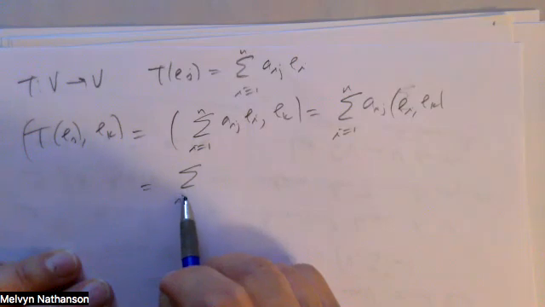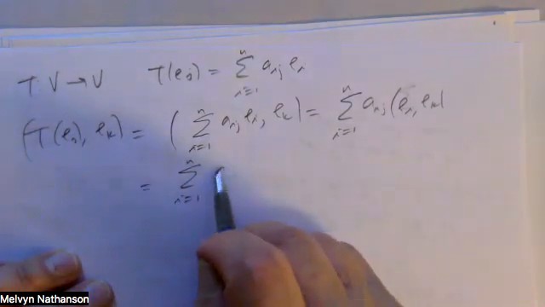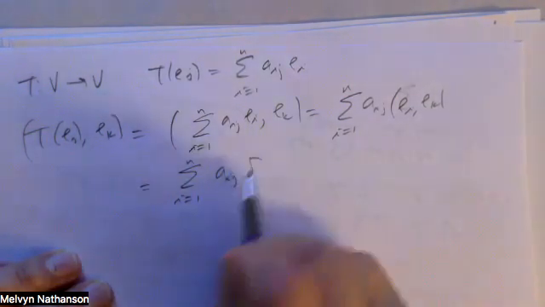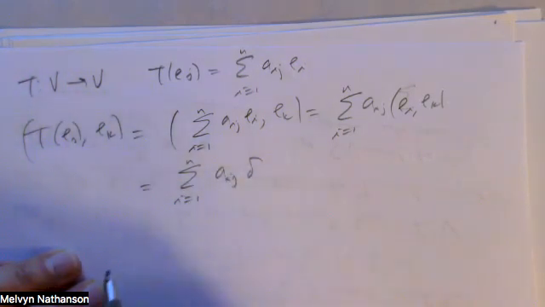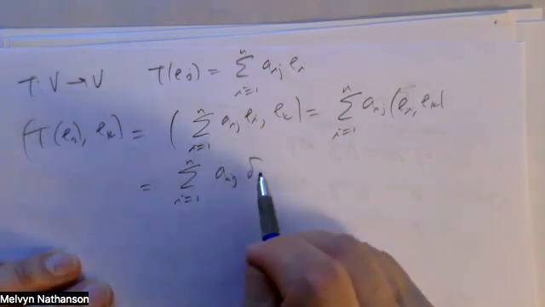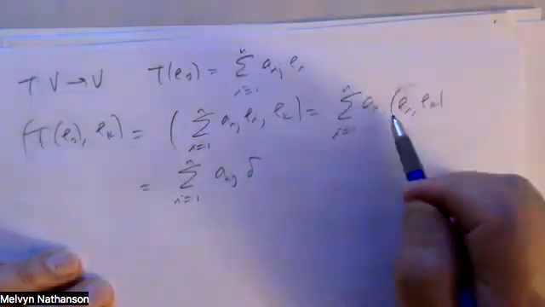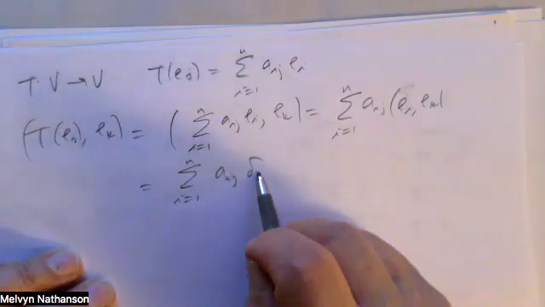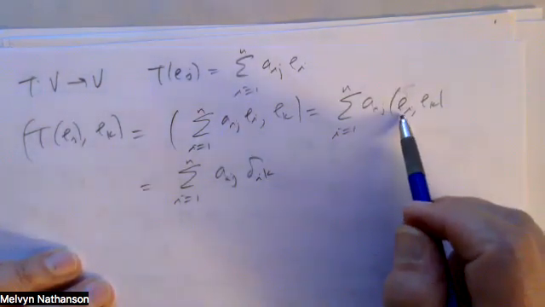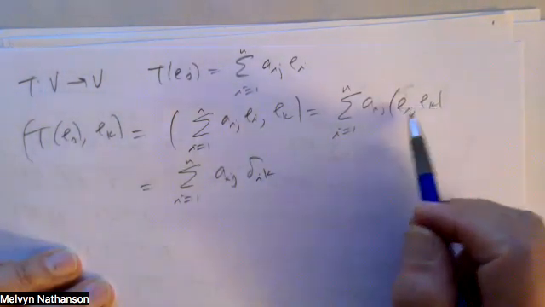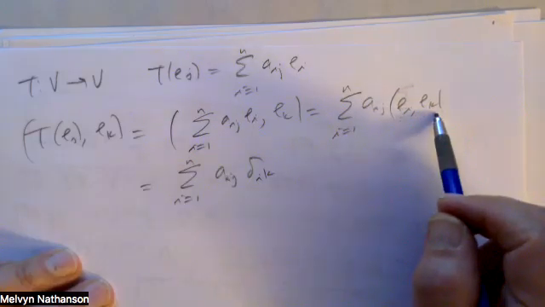This is the summation of Aij delta ik, because the inner product of Ei and Ek is 0 if i is different from k, and 1 if i equals k.